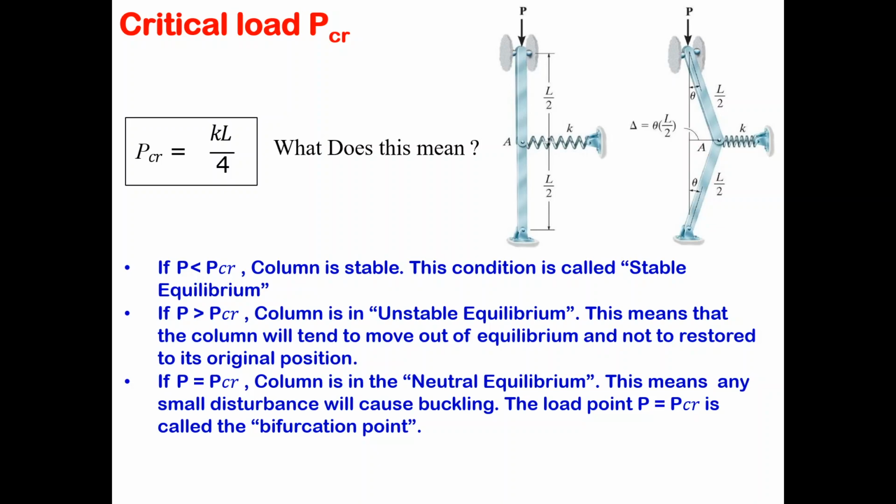This means any small disturbance will cause buckling. Okay? And the load point P equals P critical is called the bifurcation point. So we have unstable equilibrium, stable equilibrium, and neutral equilibrium, or the bifurcation point.